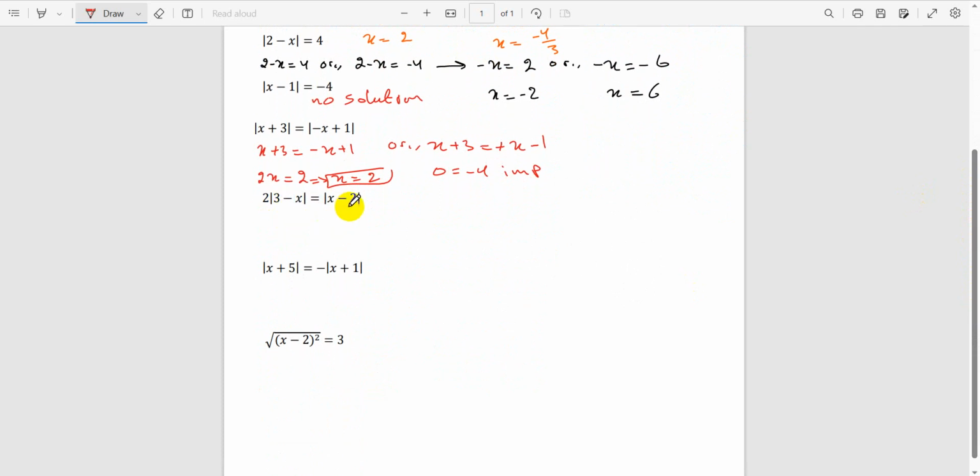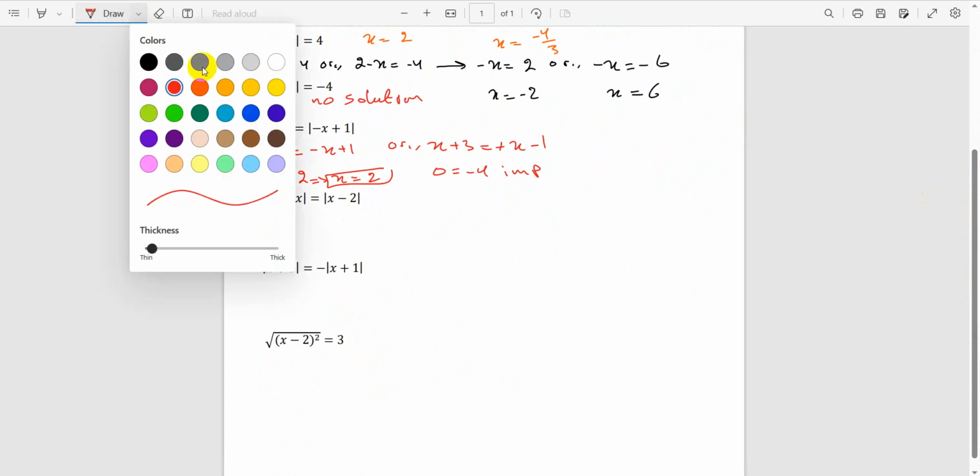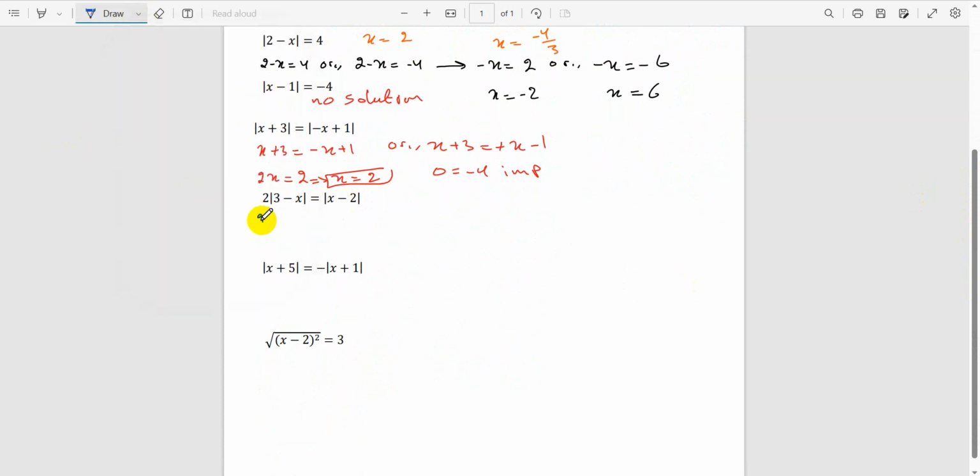Positive side again equals positive side, then directly the 2 is positive, I can keep it as it is, and I will get 2 into 3 minus x equals x minus 2, or 2 into 3 minus x equals negative x positive 2. It will be 6 minus 2x equals x minus 2, and minus 3x equals negative 8, which is x equals 8 over 3.